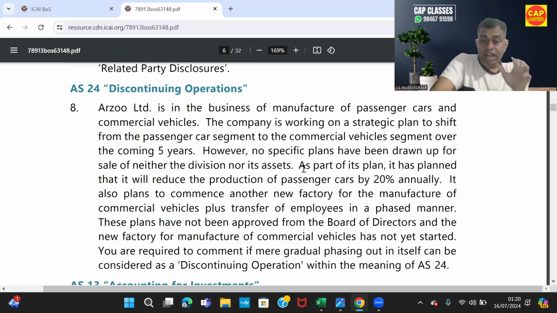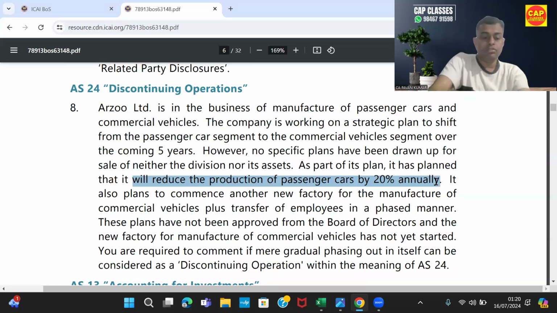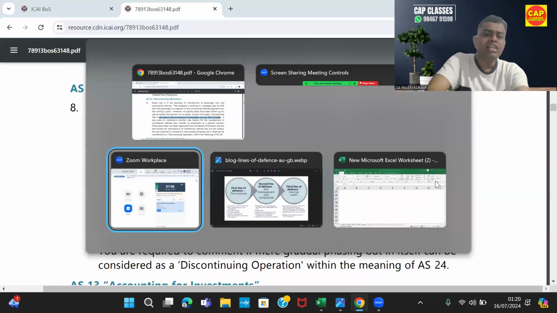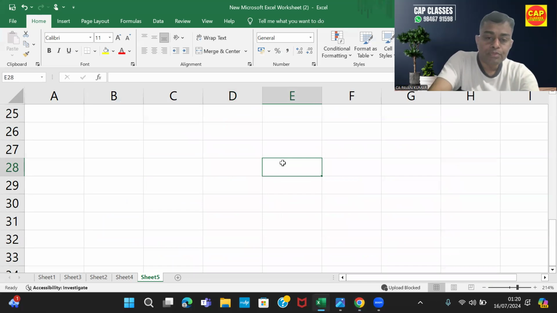As part of its plan, it has planned that it will reduce the production of passenger cars by 20% annually. So year 2025, for example, it is like this. This is actually a CA final problem, as I told you.